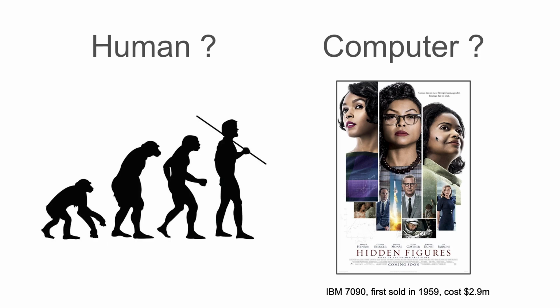They worked at NASA and did a lot of calculations by hand for the space race. These were very intelligent women doing complex mathematics and very quick arithmetic on paper. And then they discovered that they could use the power of computing to make their lives easier.